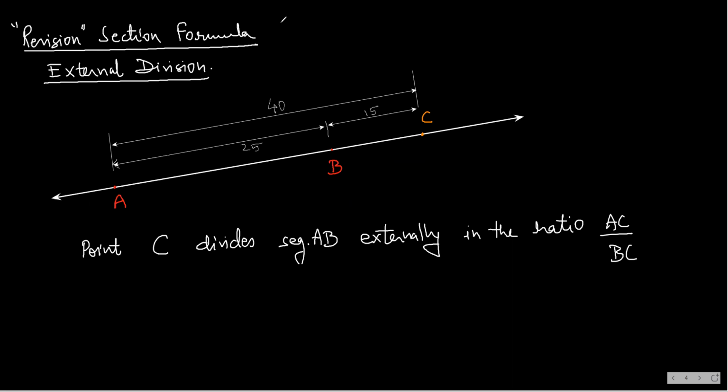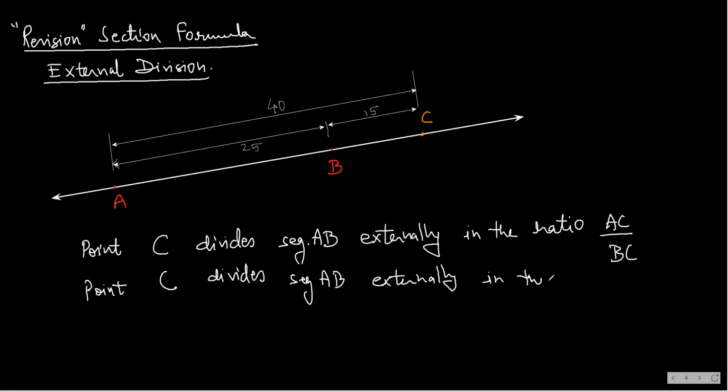Here I shall write the new statement as point C divides segment AB externally in the ratio AC upon BC.